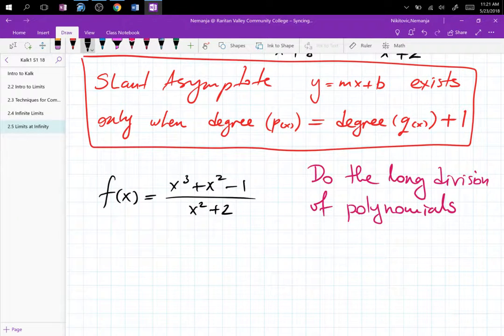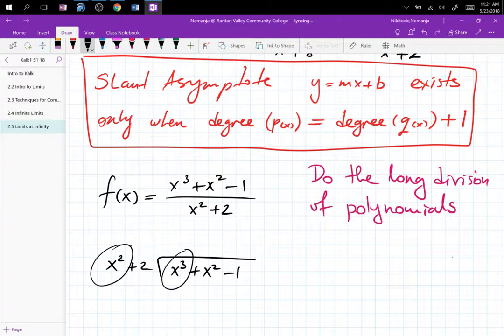All right, so we have to divide x squared plus 2 into x cubed plus x squared minus 1. x squared goes into x cubed x times. And then we multiply it back. X times x squared is x cubed. X times 0x is positive 0x squared. And x times 2 is positive 2x.